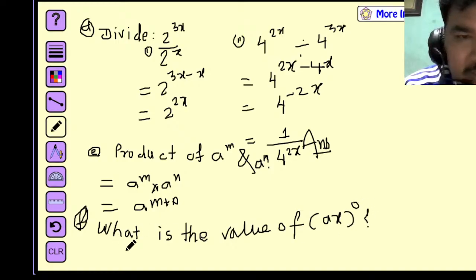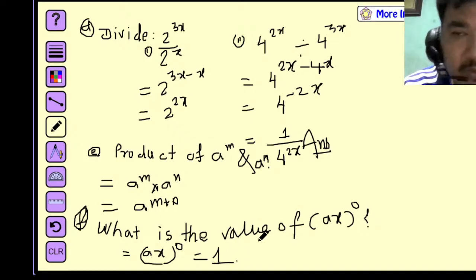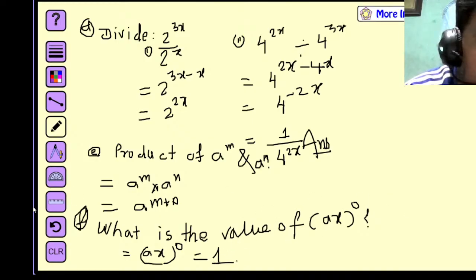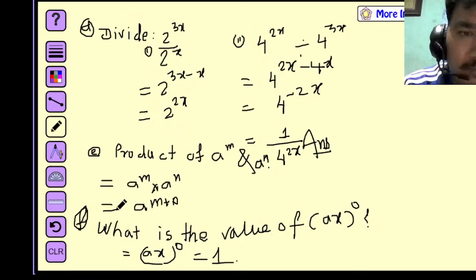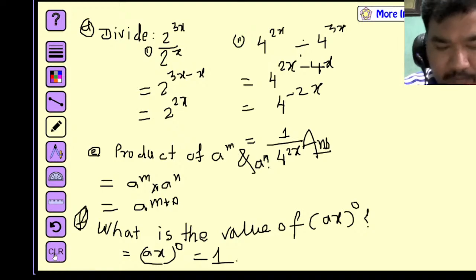Of course its answer will be, then we have to write there if the bx whole power, its whole power is given 0, that's why its value will come 1. Its answer is 1, right? This is the way to find out a x to the power 0 means 1, okay? Already I have explained this way in 0 power given, how 1 comes, okay? In previous page I did it, okay? Then now I am going to show you the next one.